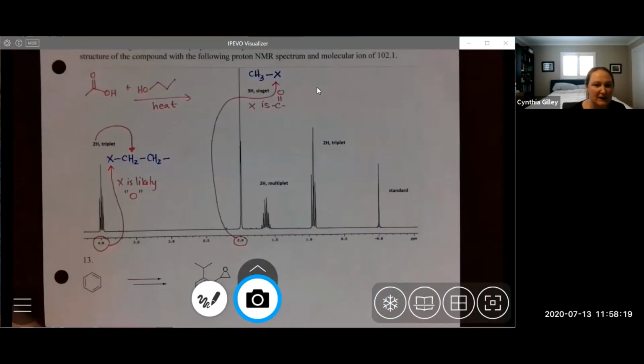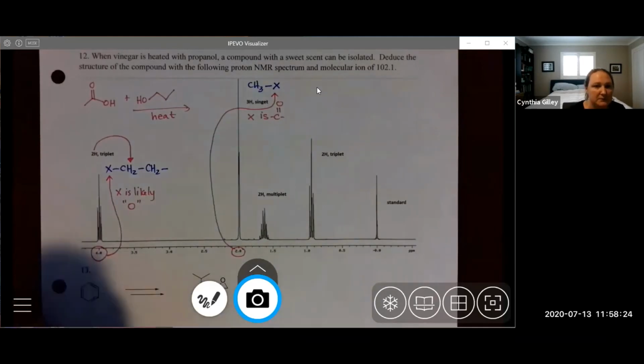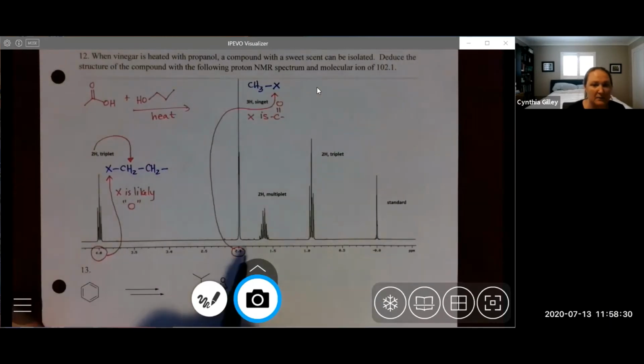Because if it was directly next to an oxygen, it would be shifted like 3.5 to 4. So next to a carbonyl or next to an aromatic ring would give you 2. And we're unlikely to have an aromatic ring in this problem. Okay, so we have potentially that as a fragment.